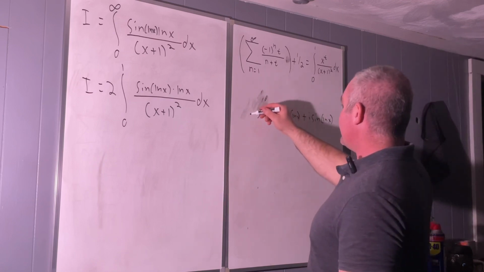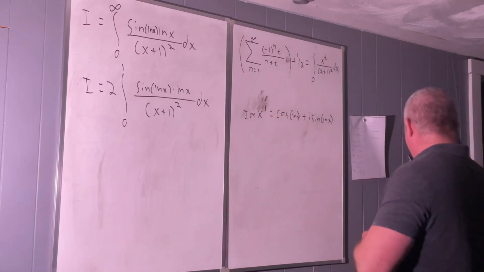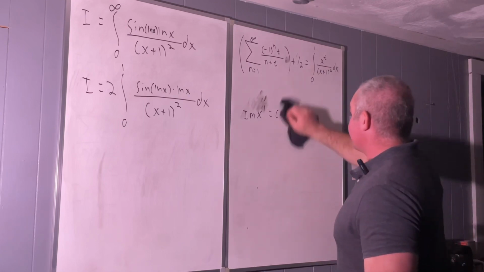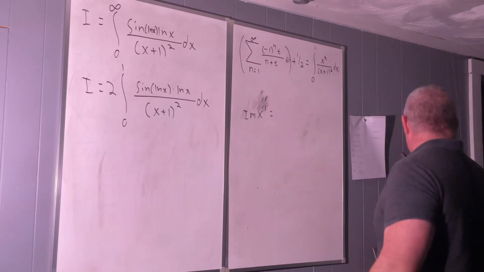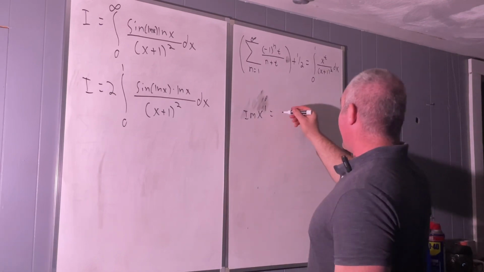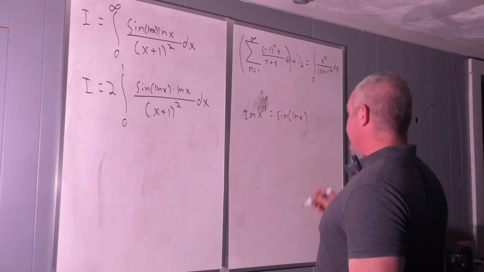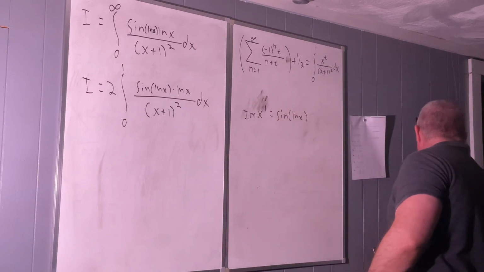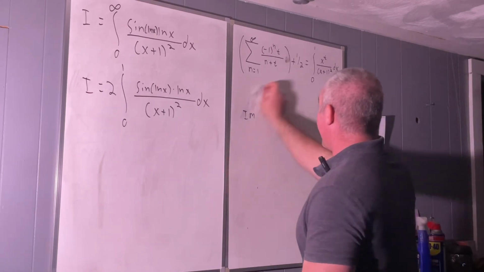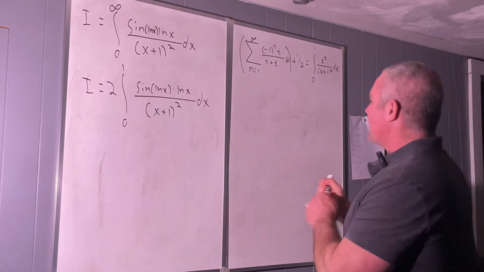Now, if we take the imaginary part of this, we will just be left with sine of natural log x. So, in other words, the imaginary part of x to the I is equal to sine of the natural log of x. All right, so let's use that. Actually, I'll rewrite that.